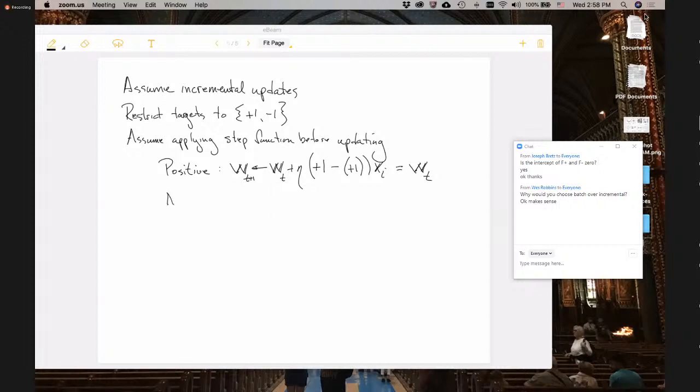And you'll find that exactly the same thing happens if it's correct on a negative example. And again, -1 + 1 is 0, so that right-hand term cancels out.